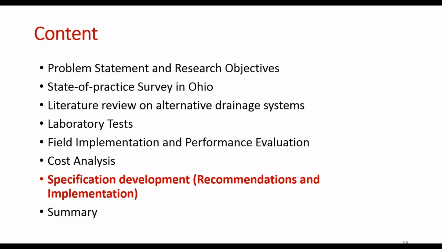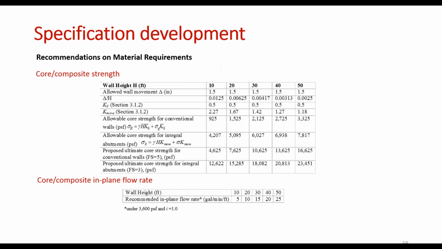So next, we took all the information and all the findings we got. We want to make some recommendations and provide some draft specifications regarding this new system. So first, we made some recommendations on the material requirements.